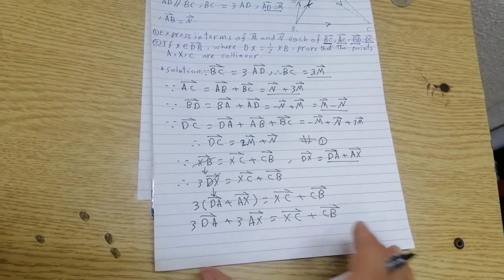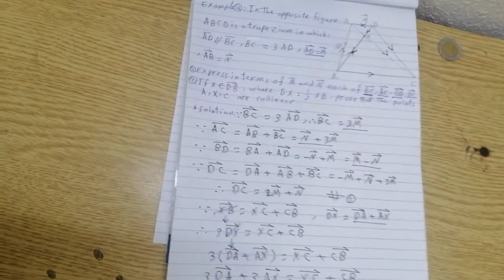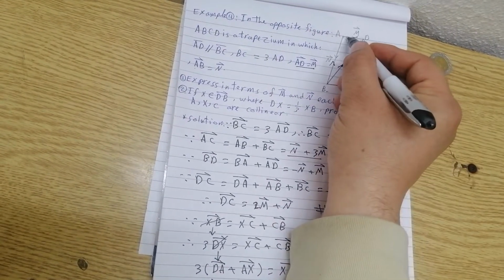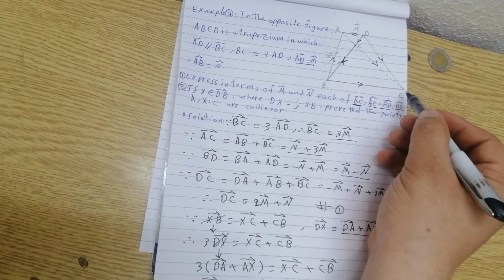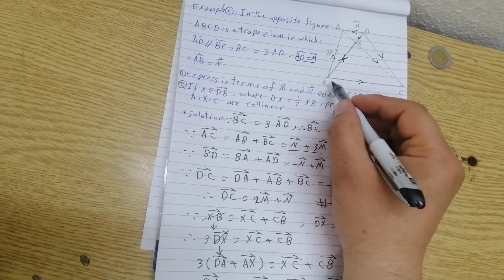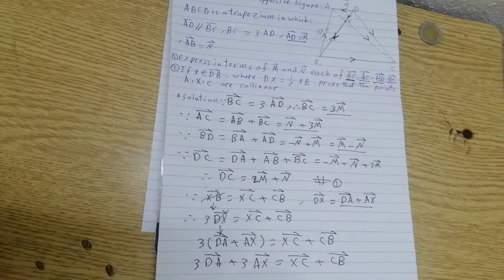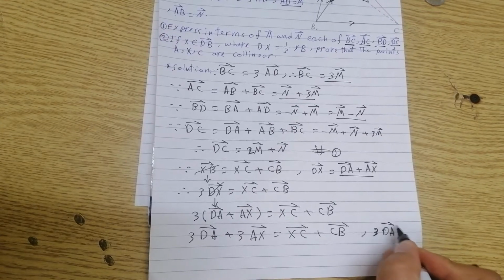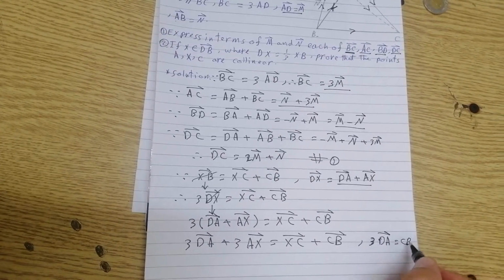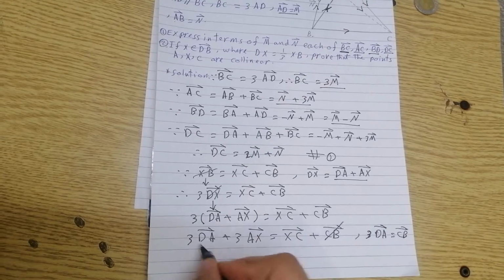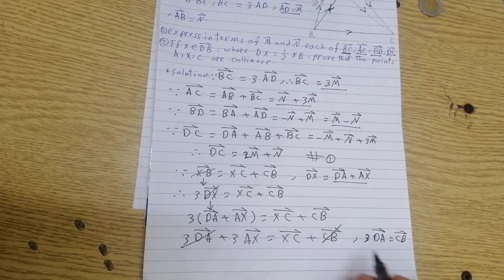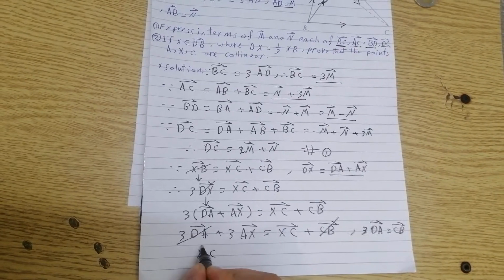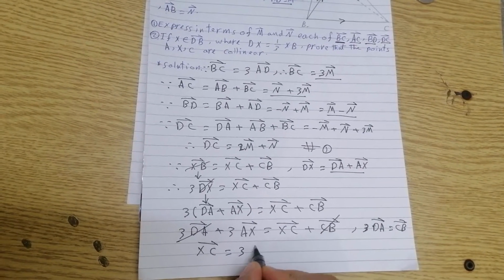And let's try something. We have studied that 3 DA vector equals CB vector. Since 3 DA vector equals CB vector, we can cancel these two from both sides. Then we have XC vector equals 3 times AX vector.